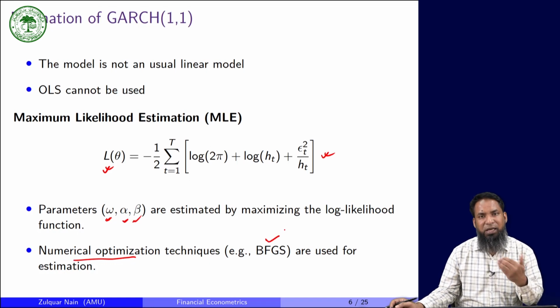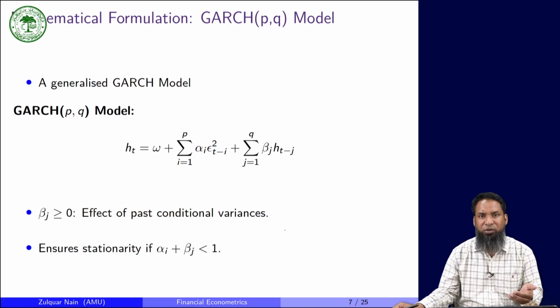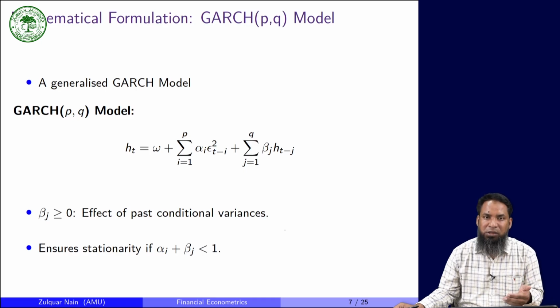As we generalized the ARCH, similarly we can also generalize the GARCH model. Here we have discussed GARCH(1,1), which can be generalized to GARCH(p,q), where p indicates the presence of ARCH terms and q indicates the presence of GARCH terms.